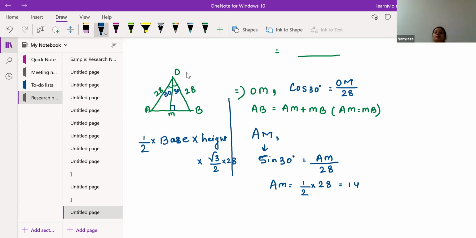AB is AM plus BM and both are the same. So AB will be 14 plus 14, right? Are you getting it? Yes, ma'am.